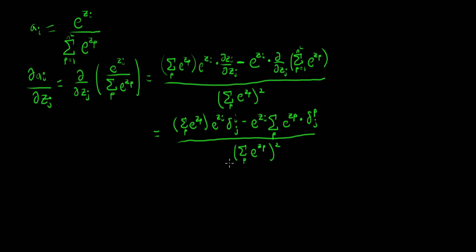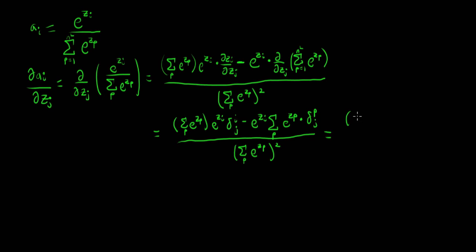Okay, a couple of simplifications to make. We can kill this sum, because this delta pj is only non-zero when p equals j, so there's only going to be one positive term in this sum. This, however, has no sum, so we just leave that as is.